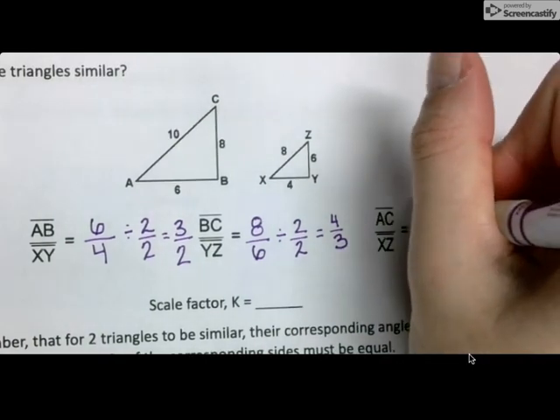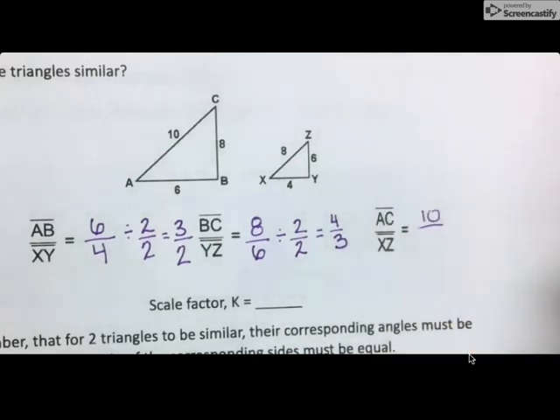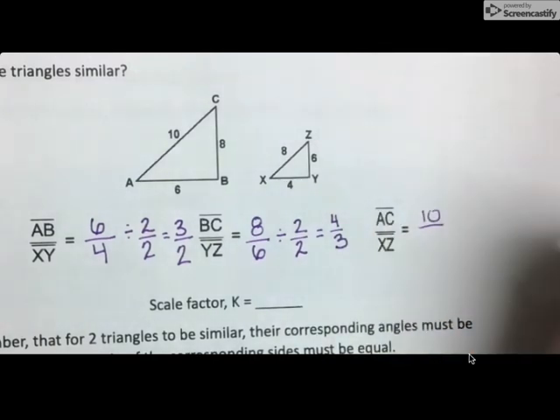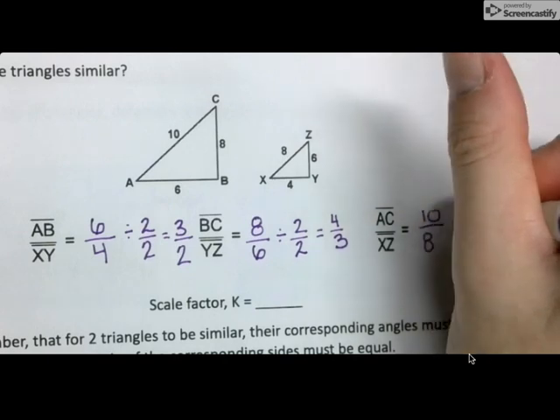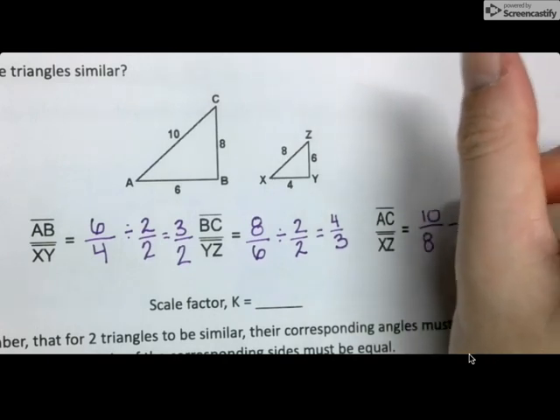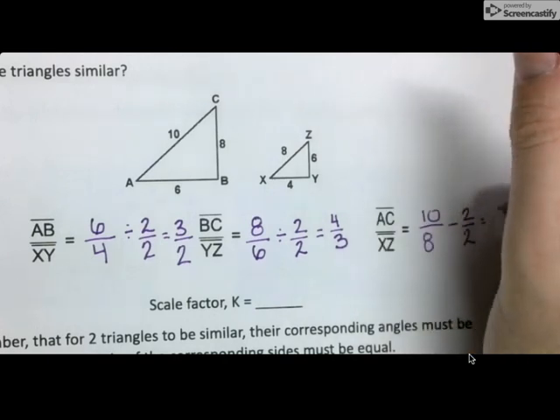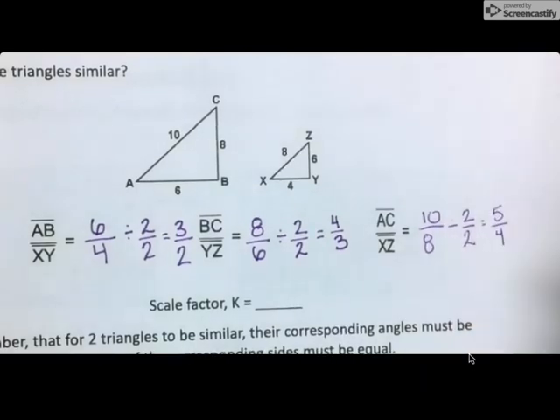AC is 10, XZ is 8, divide both of those by 2, and you get 5 over 4.